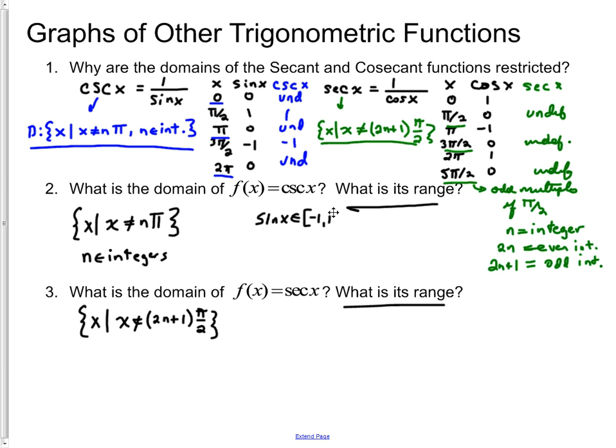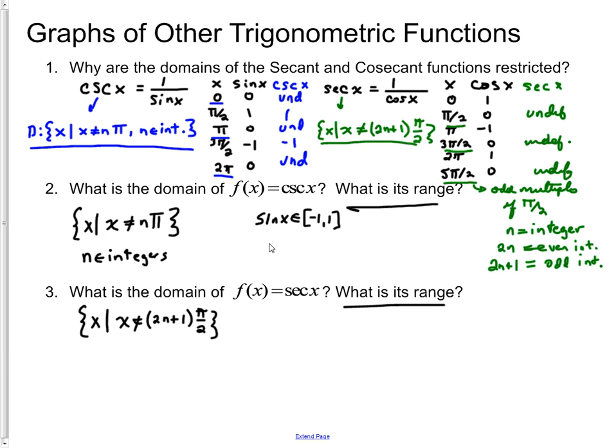Well, what's the implication for cosecant? Well, if we get a sine value like 1/2, which is between -1 and 1, that means we're going to get a cosecant value like 2. If we get a value of sine of x like square root of 3 over 2, we're going to get 2 root 3 over 3 for cosecant of x.